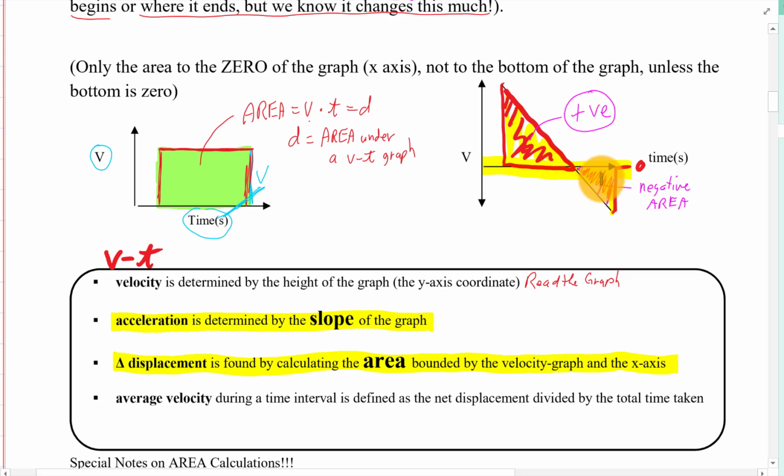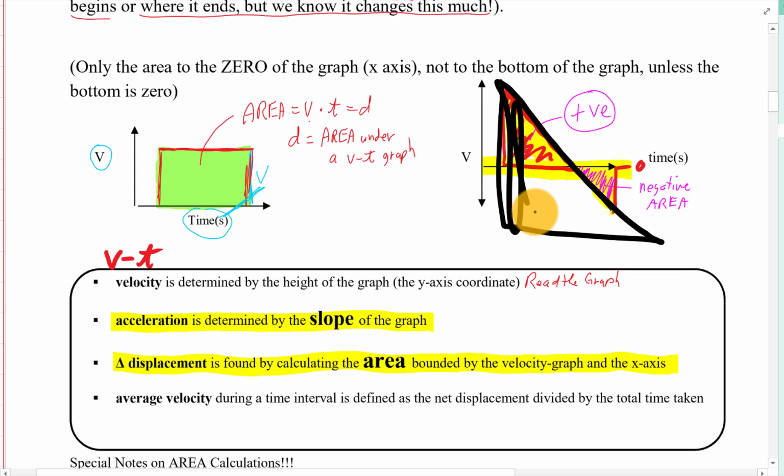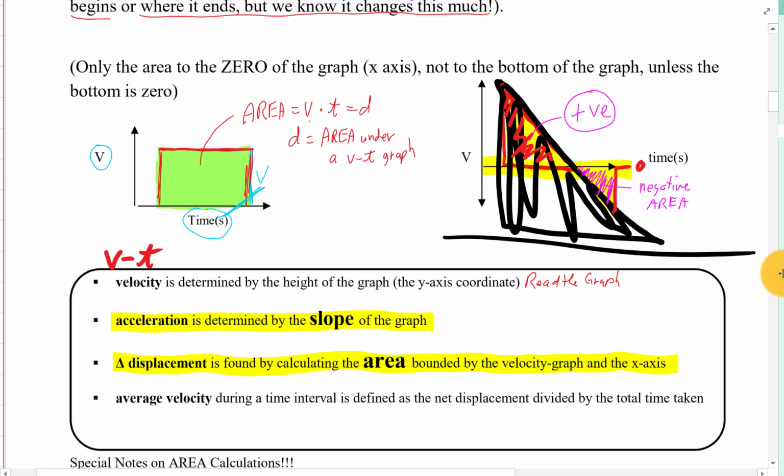So those two yellow triangles I have to actually subtract, but I calculate those areas. It's not to the bottom of my chart. It's to the zero.